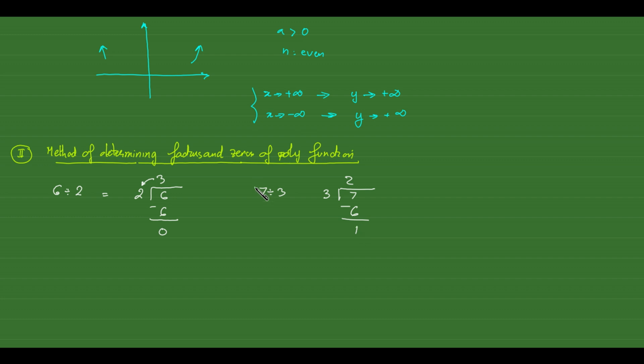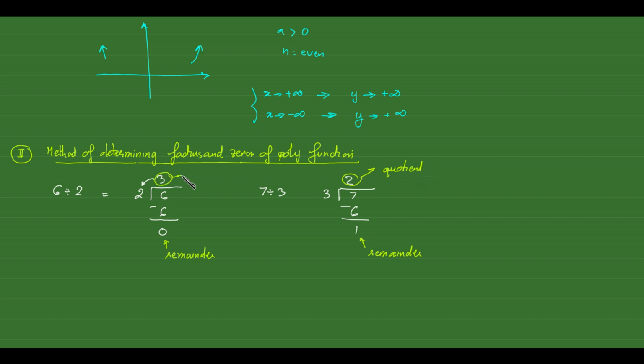Okay, so what is the name of each number over here? I don't know if you still remember, but as far as I remember, the 0 over here we call the remainder. So we don't have a remainder there. The 1 over here, the remainder is 1. The number 2 right here, we call the quotient.